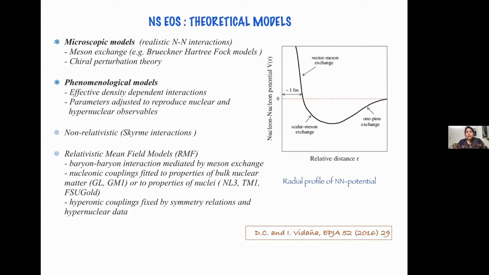This uncertainty in the density and asymmetry gives rise to a large number of models, and phenomenological models particularly have been very successful in describing properties of bulk nuclear matter and properties of nuclei. They have parameters which can be adjusted to reproduce these nuclear and hypernuclear observables from terrestrial experiments.